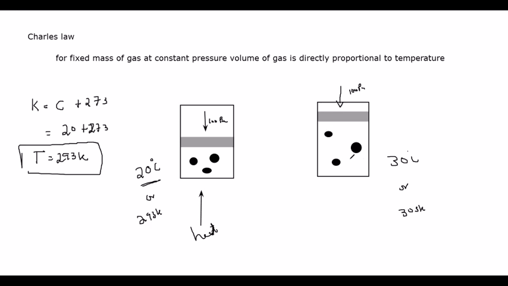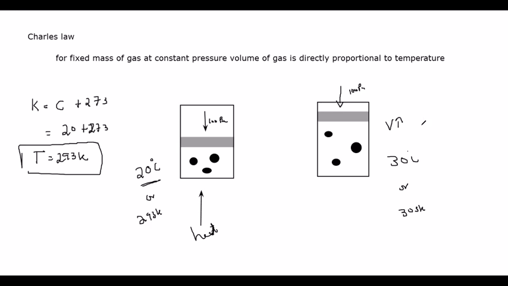So what happened to volume here? What happened to volume when we compare the volume of A with the volume of B, the second one? Because you're increasing the temperature, the molecules will push the piston, they're moving faster. So as they push the piston, the volume will increase.